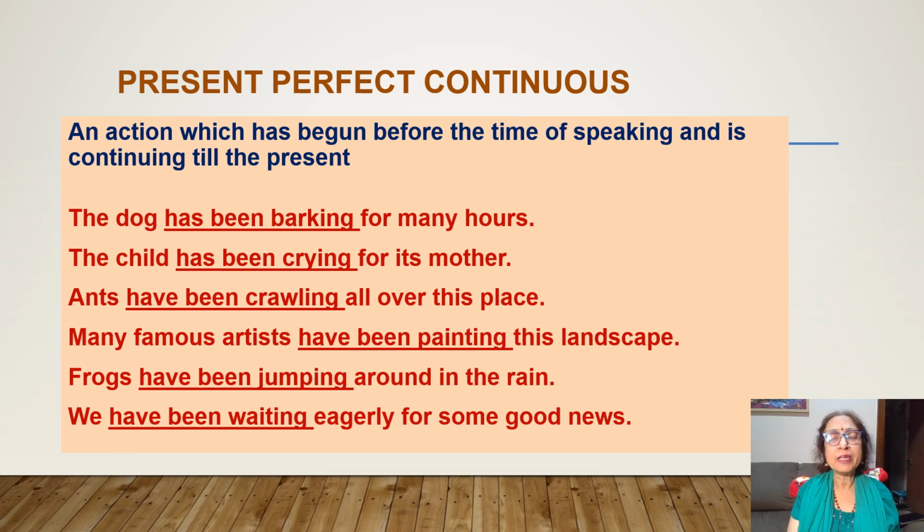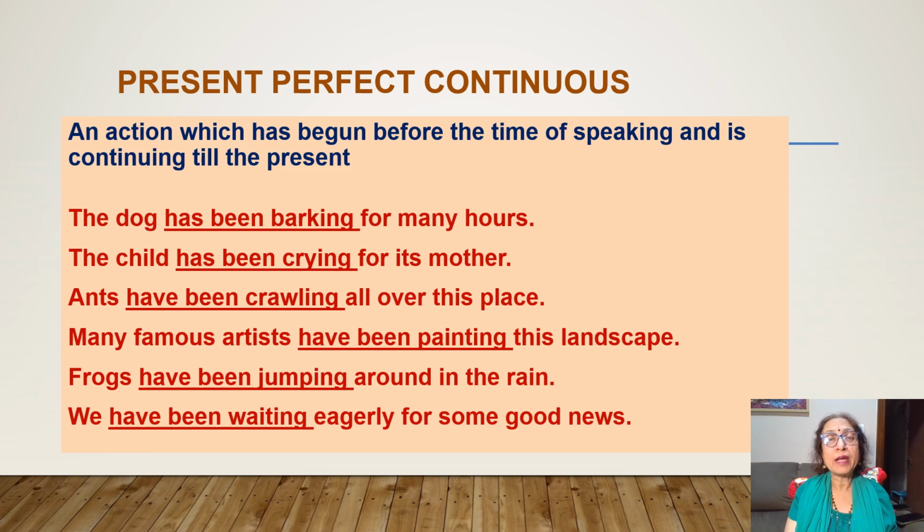Frogs have been jumping around in the rain. Again, continuous with effect in the present and likely to stop soon. So what you have to do here is, once the rain stops, the frogs stop jumping. That is the implication. So you use the perfect continuous.